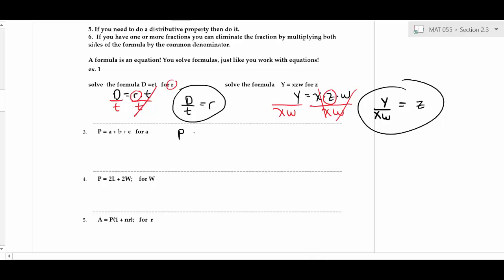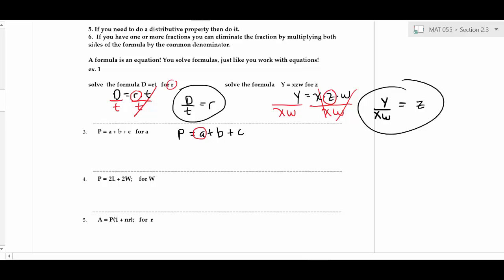Okay. All right, now we're going to focus on a couple of different levels of these things as we go. Let's look at P equals A plus B plus C. Now, this is what I recommend. You don't have to do this, because you may do fine with these problems just in your head. But we're solving for A. So what do you need to get rid of? B and C. How do you get rid of add B? Subtract B. How do you get rid of add C? See, I'm emphasizing the operation.